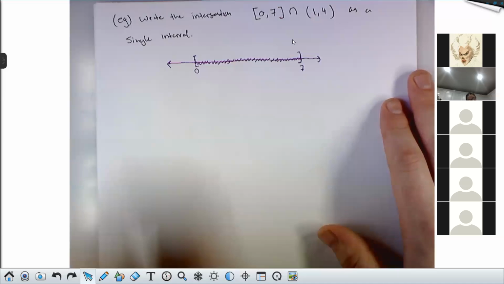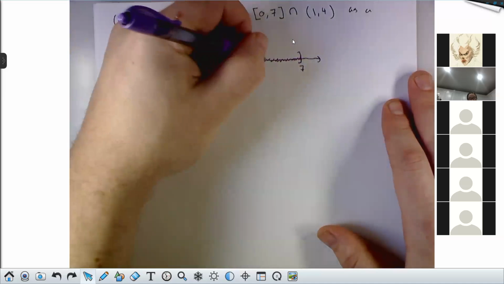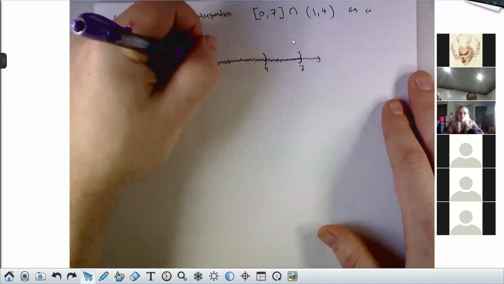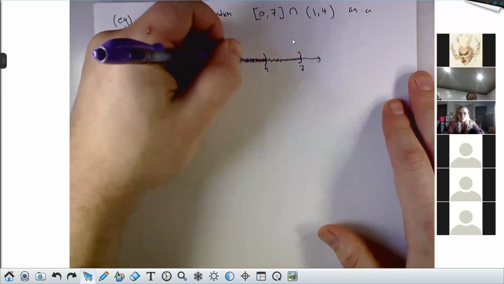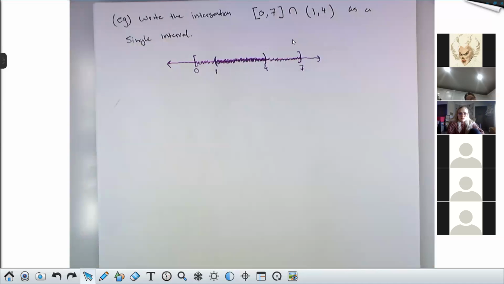The open interval from 1 to 4, here's 1, here's 4. The open interval from 1 to 4 would look like this. And then for the intersection, remember this operator here just takes the stuff that is common to both sets, just the overlap. So what got shaded twice here?